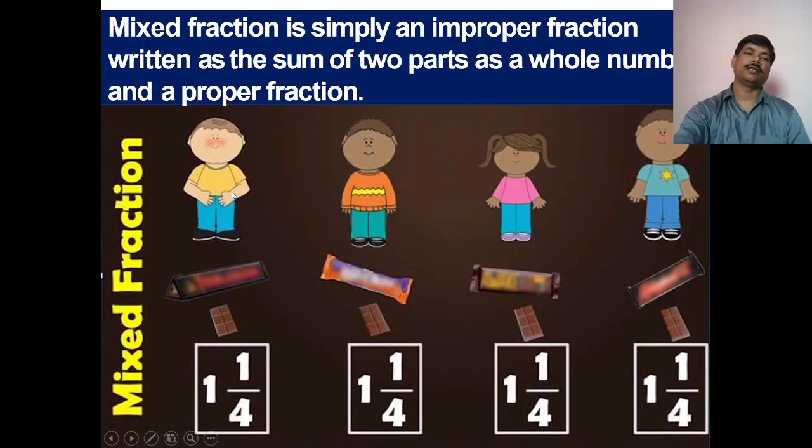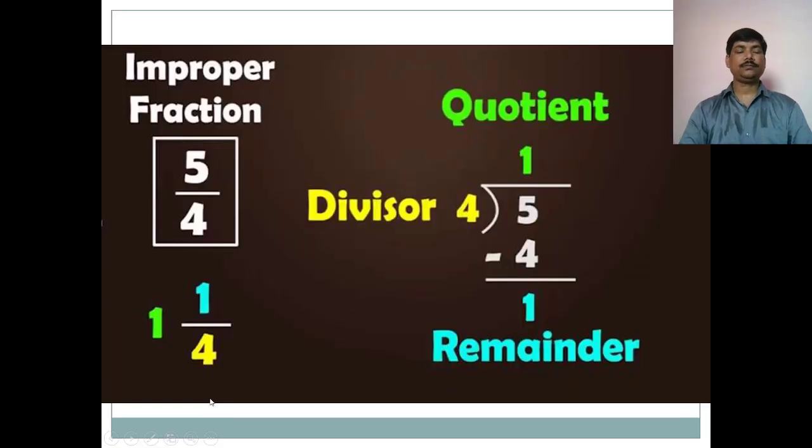Or we can say that a mixed fraction is another form of the improper fraction, in which the improper fraction is written in two parts, where the first part is the whole number and the second part is the proper fraction. So it is a combination of two parts, a whole part and a proper fraction part. As you are seeing here, in these rectangles, these are the examples of mixed fractions.